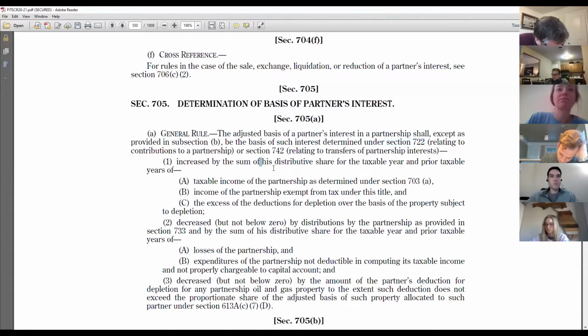And then you increase it by your share, your allocations of taxable income of the partnership, and your share of tax-exempt income of the partnership. So say the partnership recognizes, has municipal bond interest that's exempt from tax.